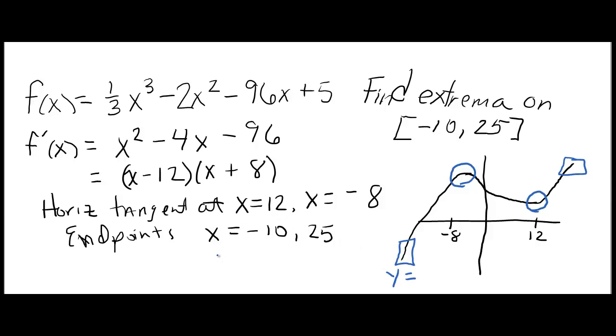We plug x is -10 into our function up here, and we see that the y value when x is -10 is -431 2/3, and the y value at 12, the only other place where we can have our very lowest point, is -859.